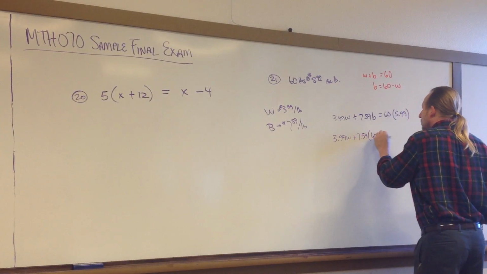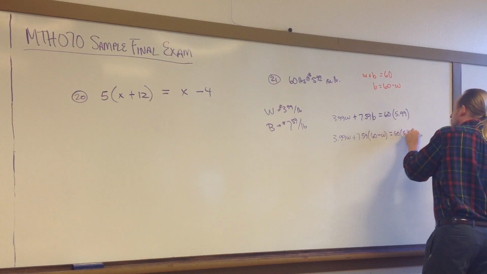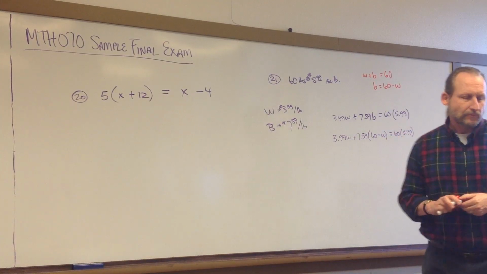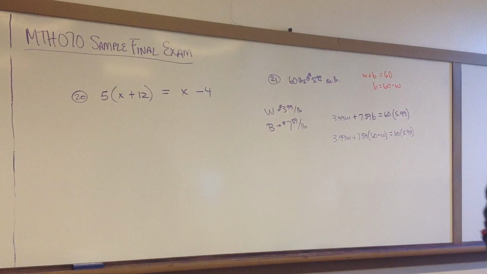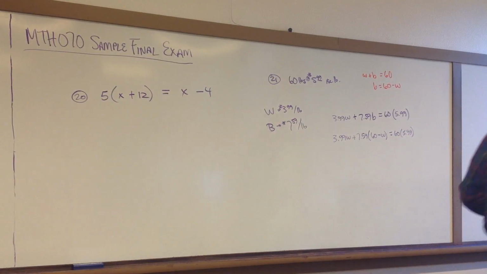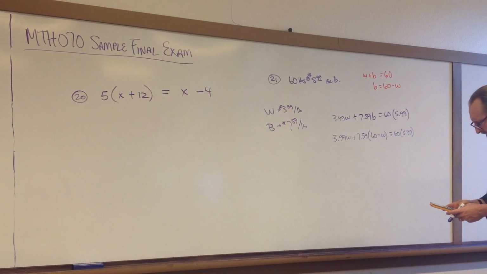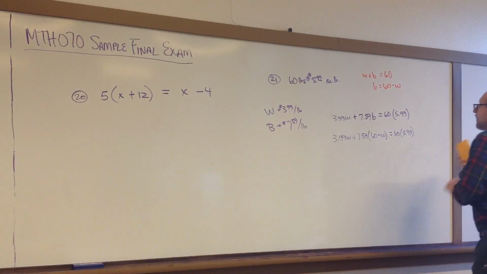So 60 minus W, and then over here we've got to do some multiplying. So, let's see what we get here. Oh, where did I put that calculator? First off, 60 times 5.99, 359.4.